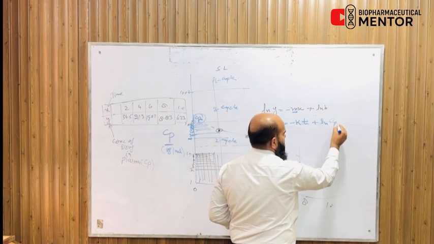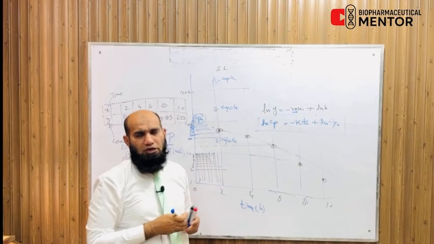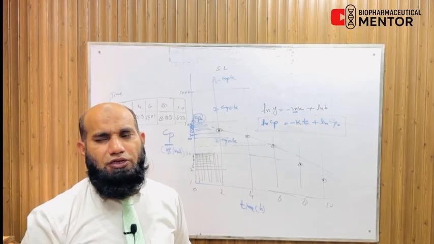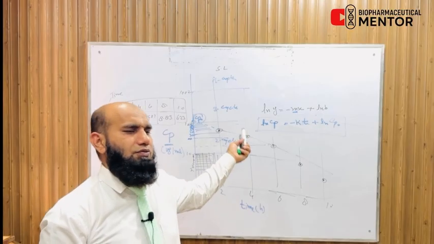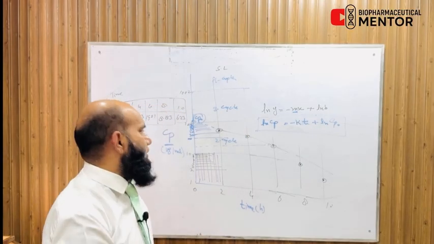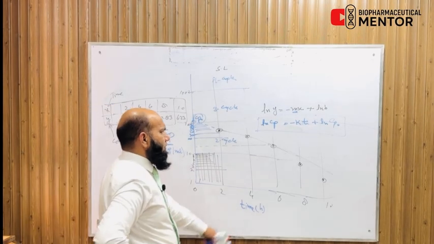So ln Cp naught. I have written the minus with the k because we have a decrease in data. In case of decrease in data, we have the symbol of minus.